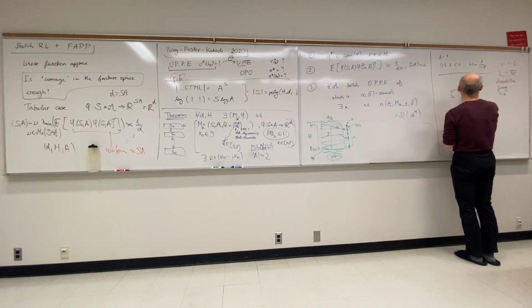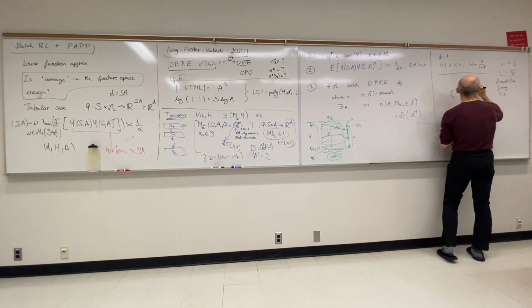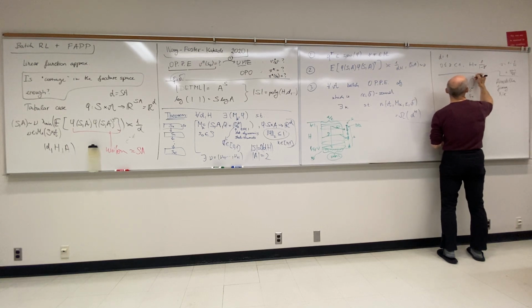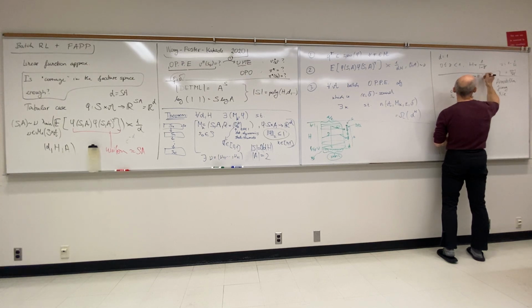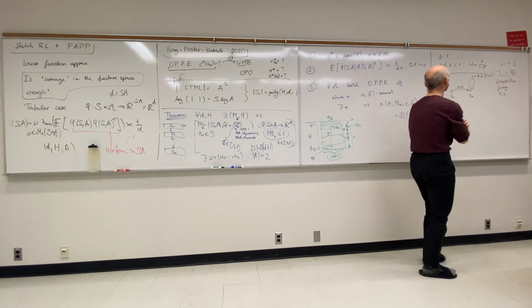So we will have an MDP where all transitions are deterministic. The reward here is 0. The reward here is theta, which is between minus 1 and 1 or something like that.